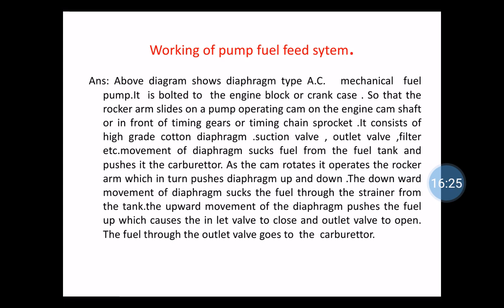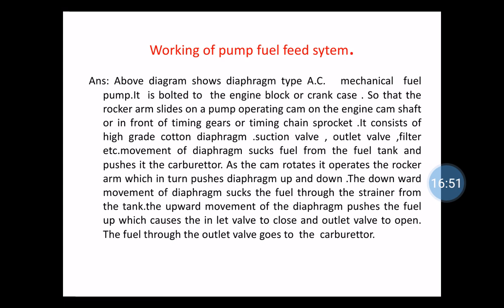The movement of the diaphragm with the help of the rocker arm and push rod sucks the fuel from the fuel tank and pushes it to the carburetor. As the cam rotates, it operates the rocker arm, which in turn pushes the diaphragm up and down.